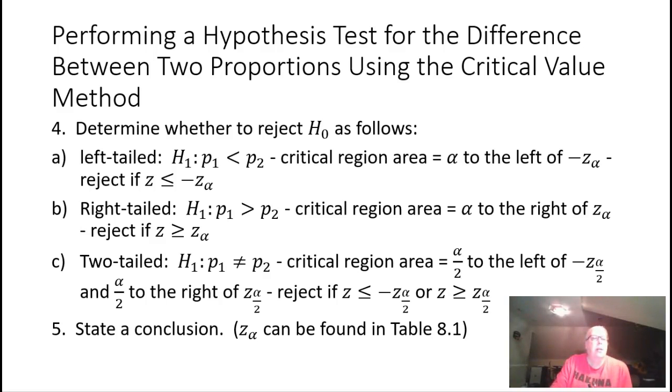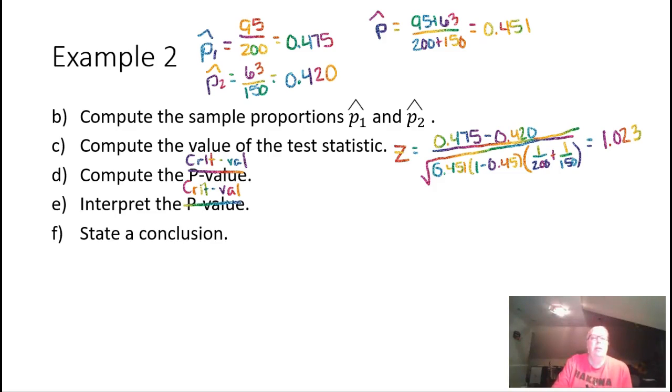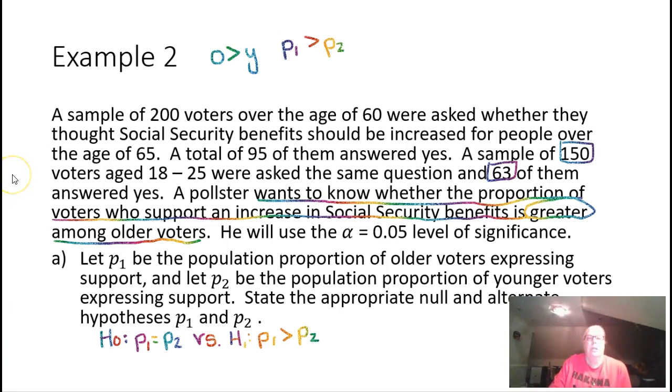We're going to need to draw a picture, but first of all, our critical value is going to come from table A2. Now remember, our threshold level for something being unusual is 0.05. That was told to us back here. So our critical value is going to be based on that 0.05.